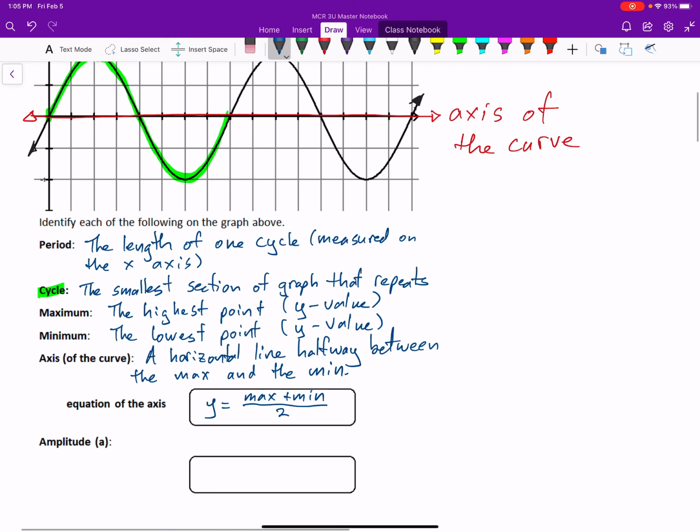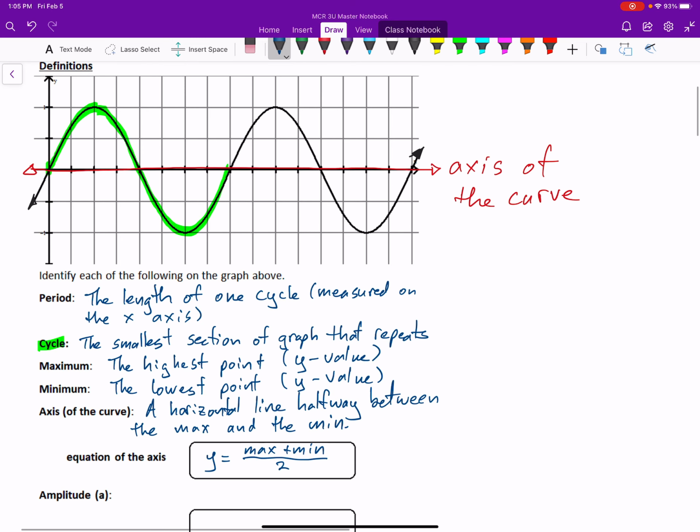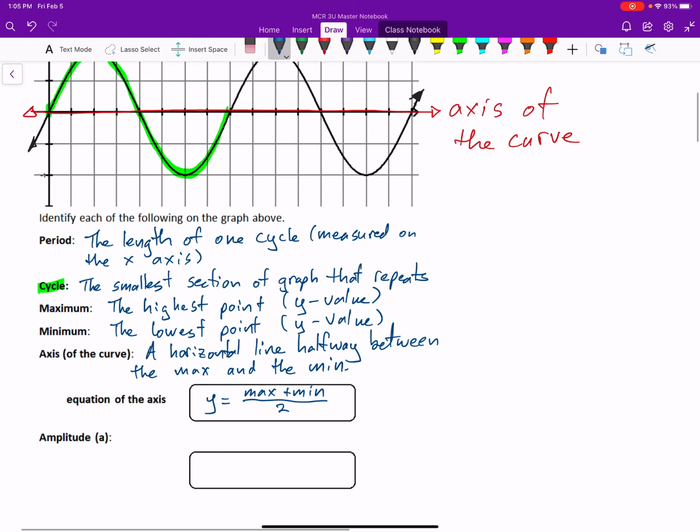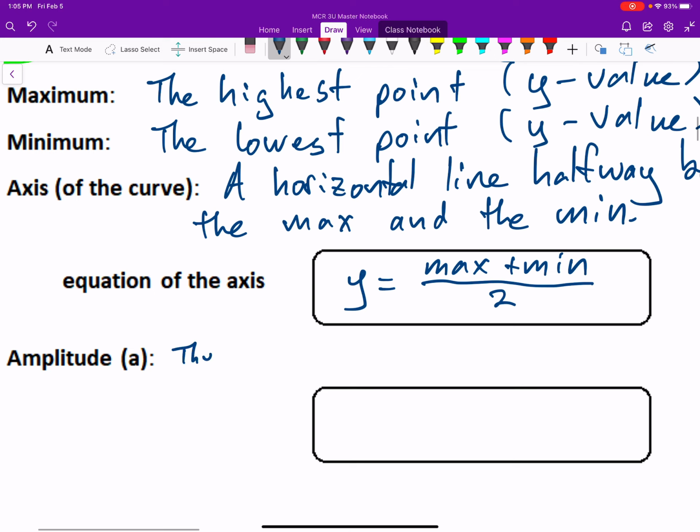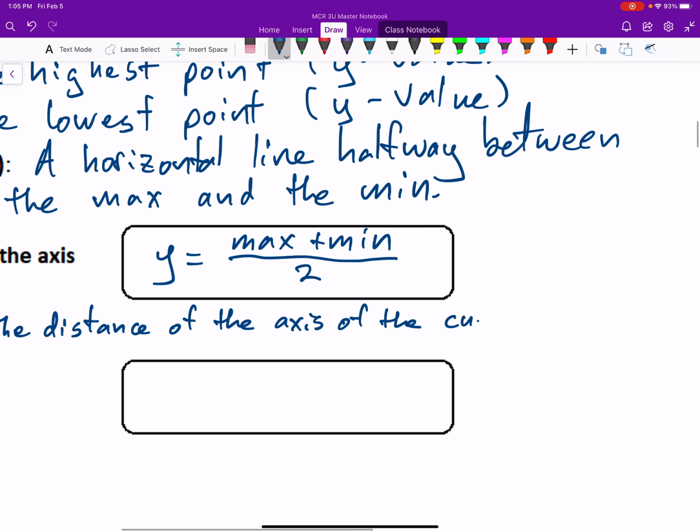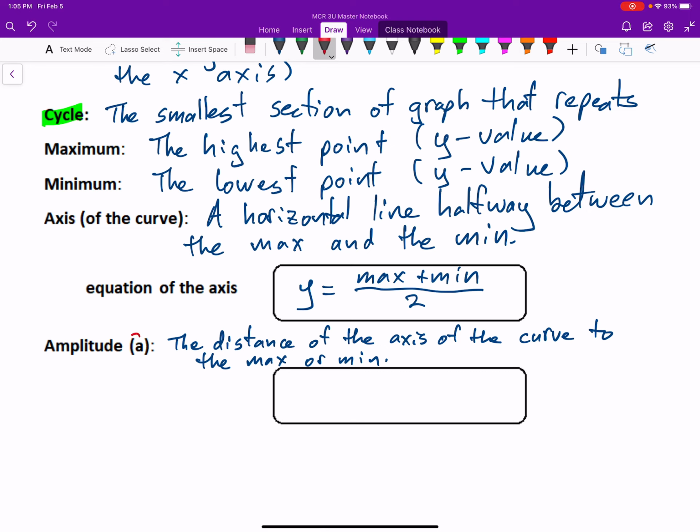The amplitude is the distance from the axis of the curve to the maximum or the minimum. So we use A to represent the amplitude.